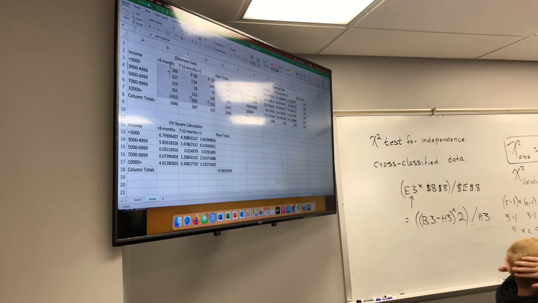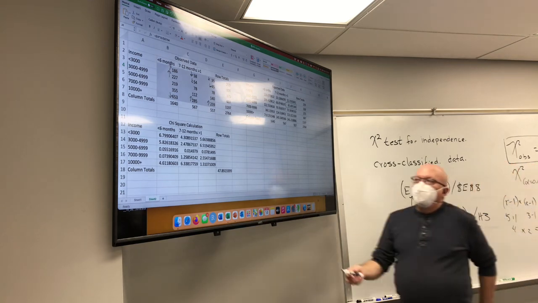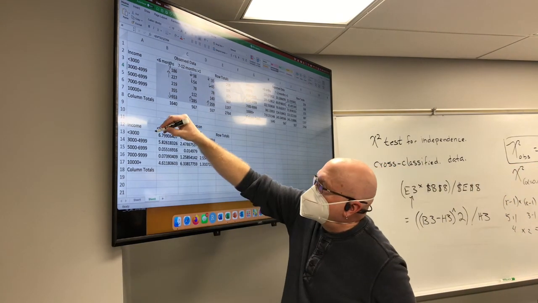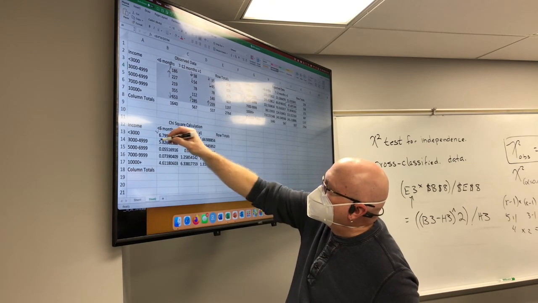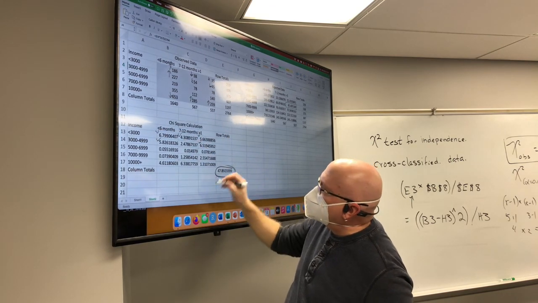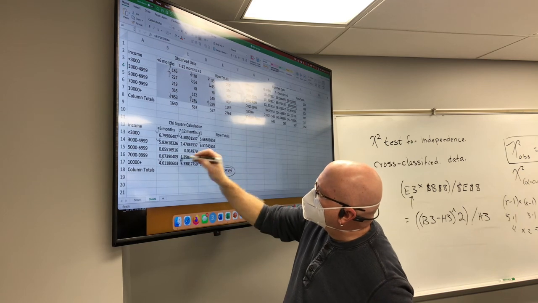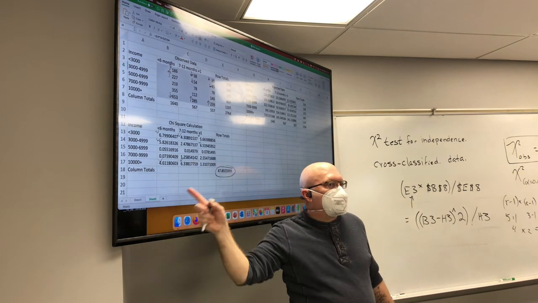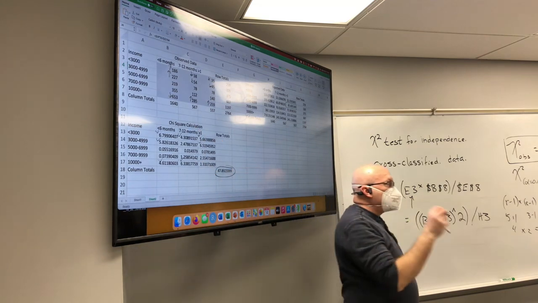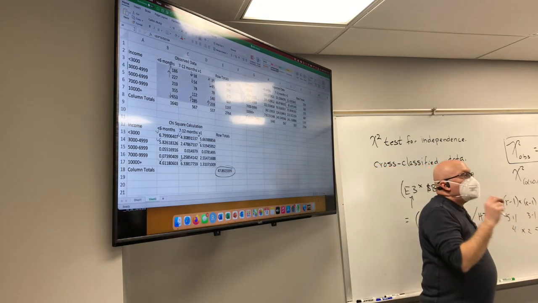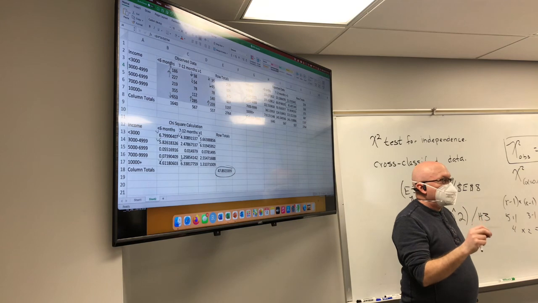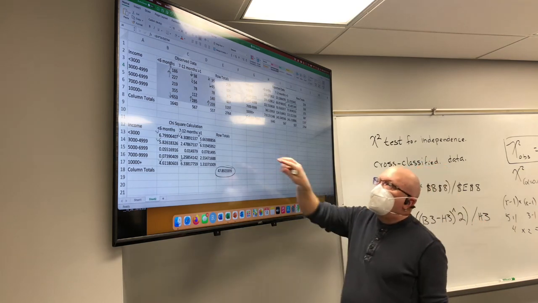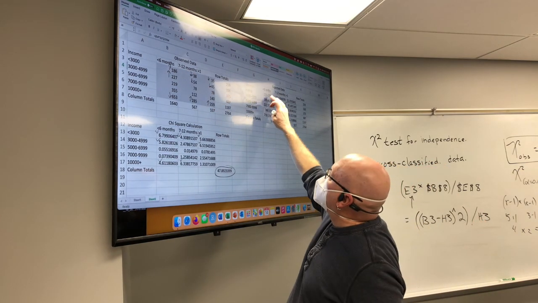To do that, you have to look at which of these cells is contributing heavily to this value being significant. And then you have to go back and say, okay, these are the parts of the data that are contributing a lot to the chi-square. What are those specific cells telling me? And interpret it by looking at how does the observed compare to the expected?